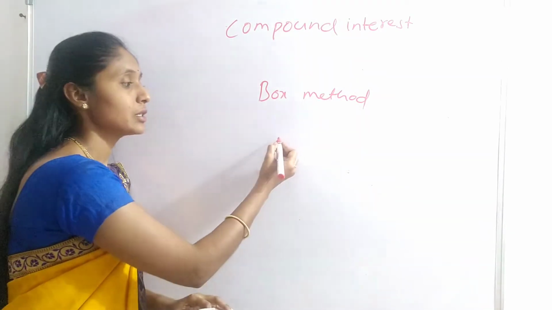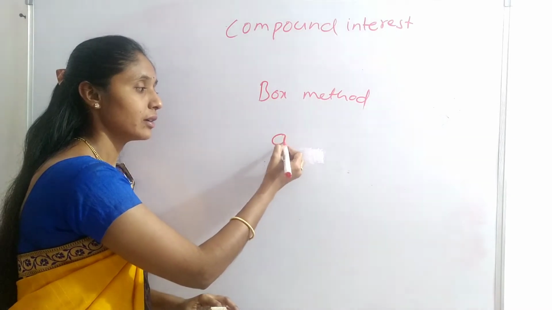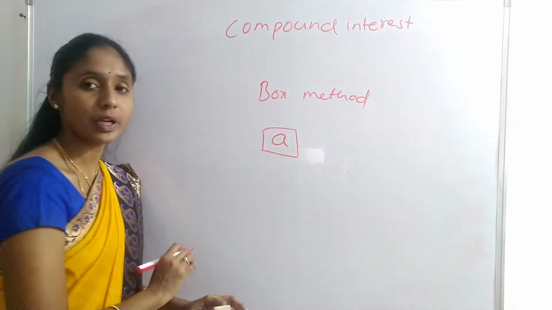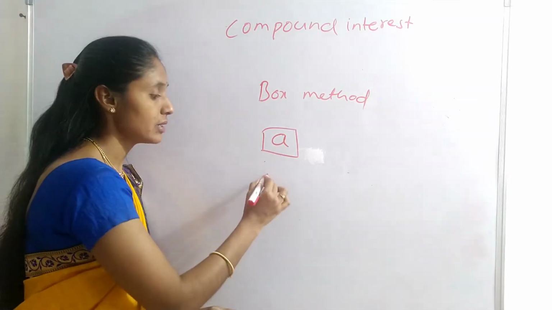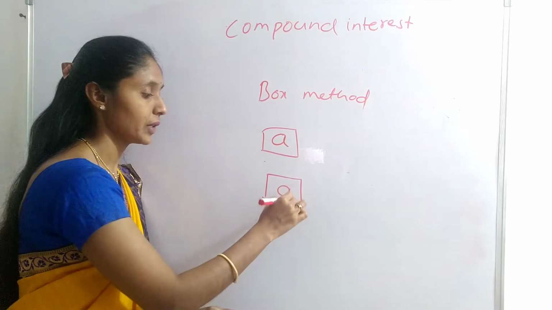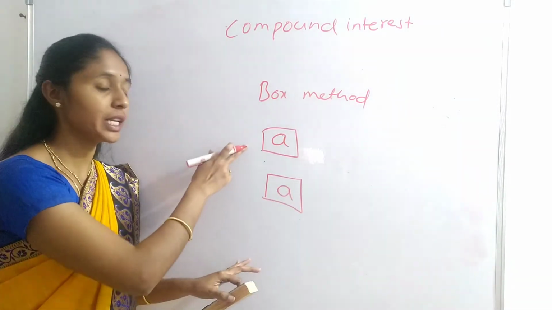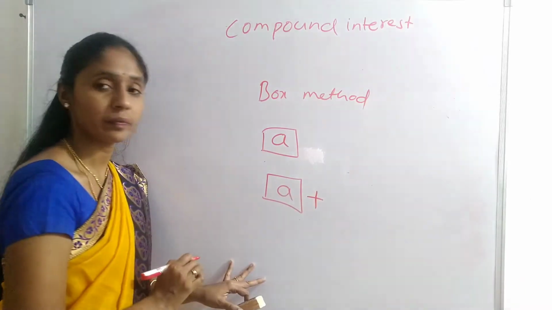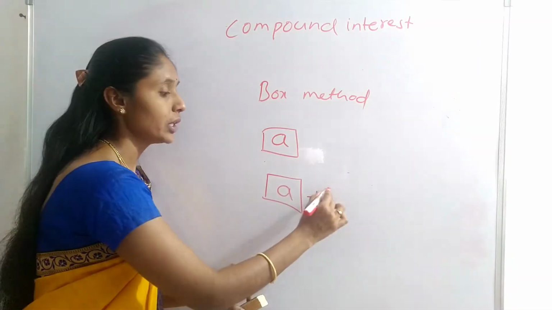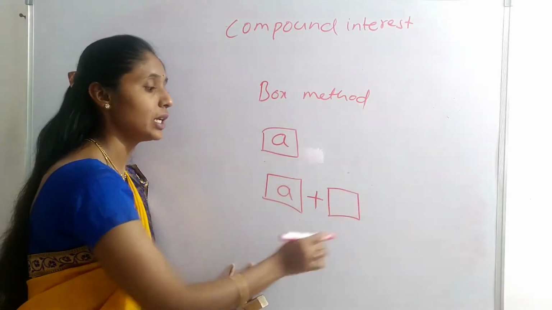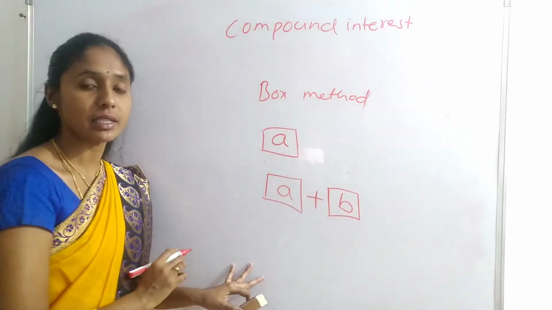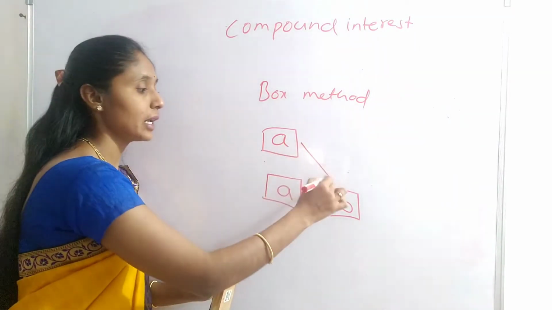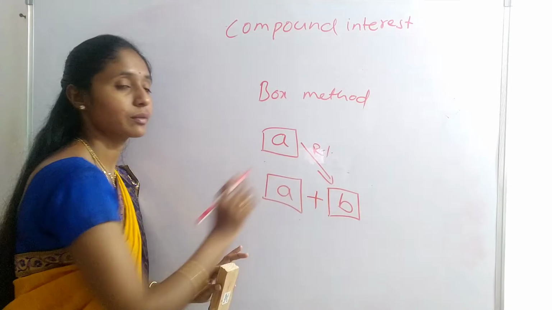This is A. This is the first year simple interest, and in the second year, A again, because every year the simple interest will be the same, plus compound interest. This total indicates compound interest, the term B. This is the 2-year box method to calculate rate percent.